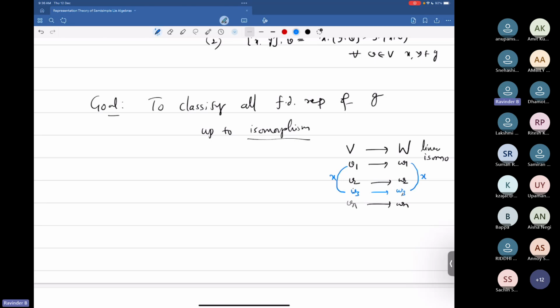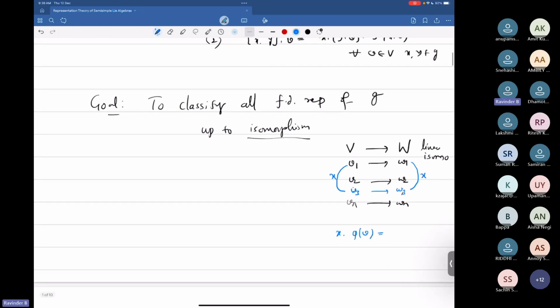In V and W, the elements look different, like the Vi's and Wi's, but the action is also the same. What does it mean that the action is the same? How do you get the action of X on W1? The W's are images of the V's under pi. So for X on W1, you go back to V1, then act with X, you get V3, then you take the image.